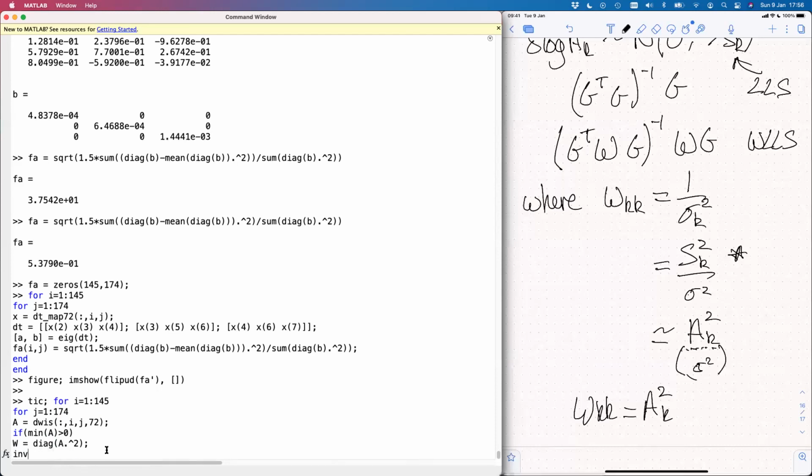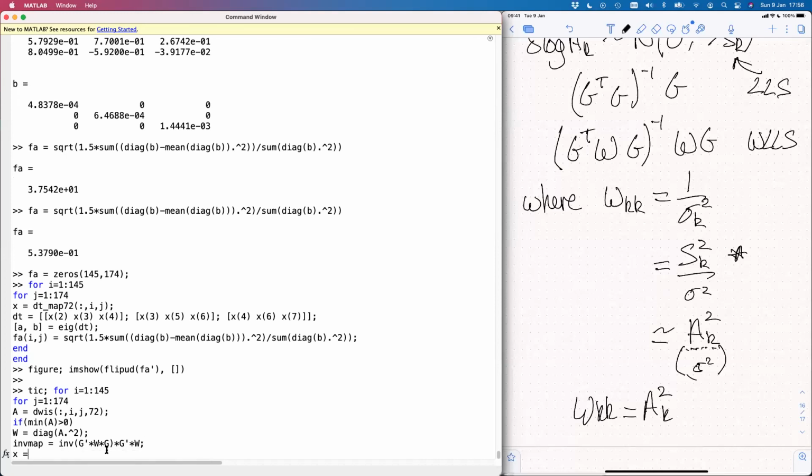And now we have to compute the inverse mapping. We can't use the trick that we used before of pre-computing it, because now, of course, W is going to be different for every single voxel. So we have to compute this inverse mapping every time around this loop. So there's our inverse mapping.